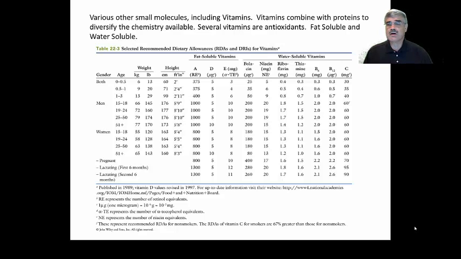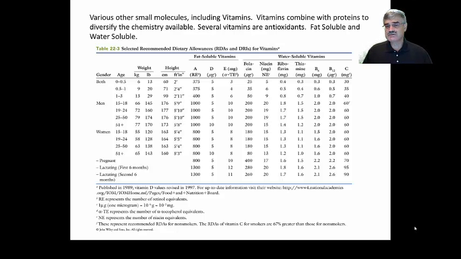Some vitamins are what we call antioxidants. Vitamins can also be classified as either fat-soluble or water-soluble. Fat-soluble meaning they're like those fatty acids. They don't like to interact with water. And so fat-soluble vitamins will tend to partition into membranes, whereas water-soluble vitamins like water, and they're freely dissolved in the aqueous components of our cells and other body fluids.